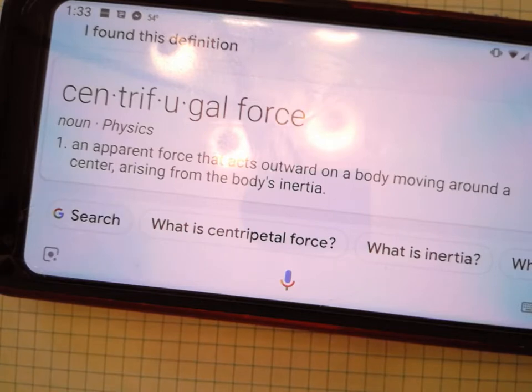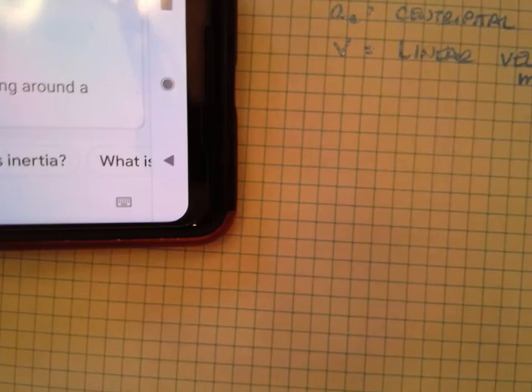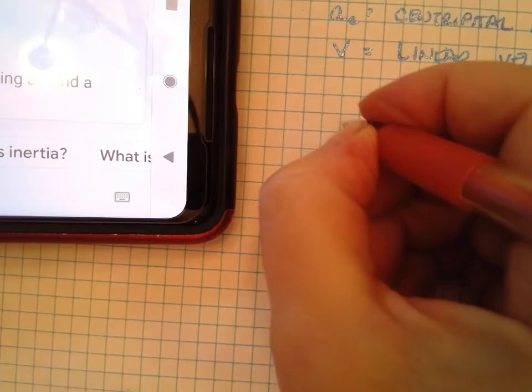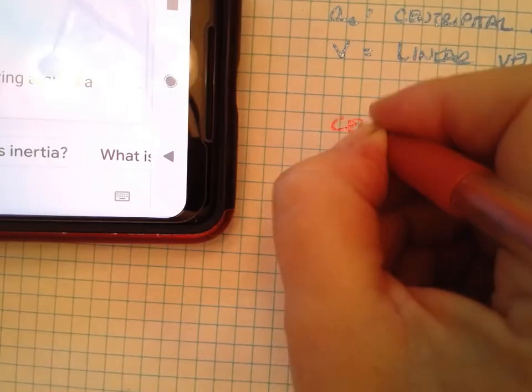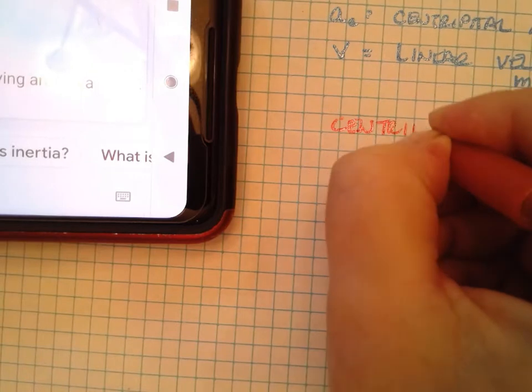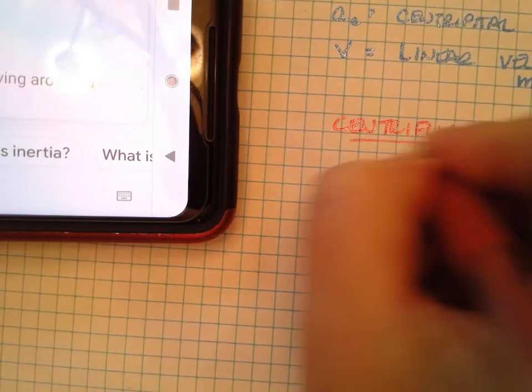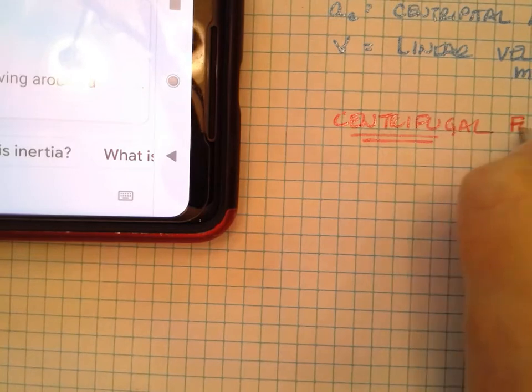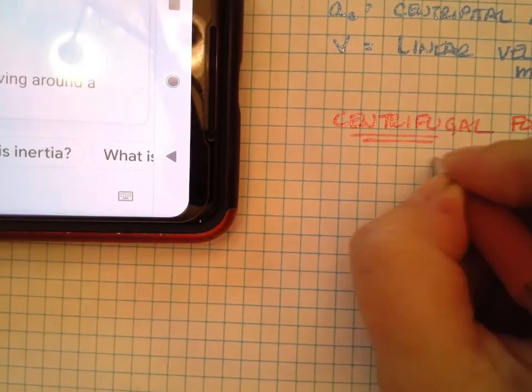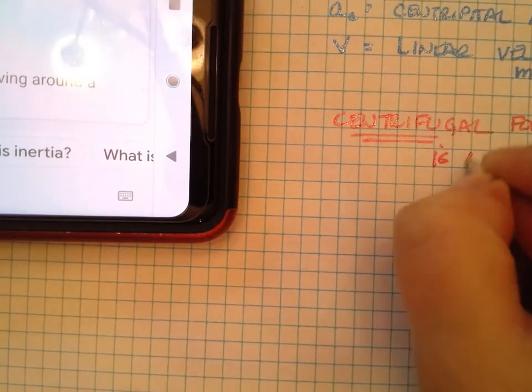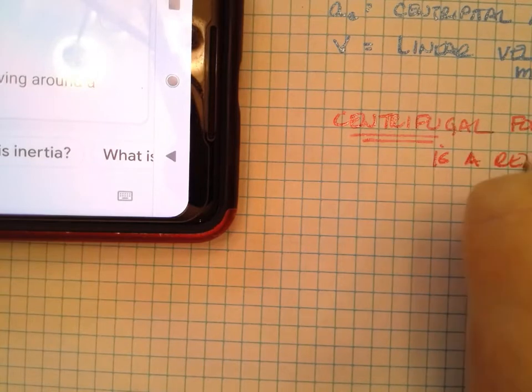It's what you feel when inertia is pressing you against the moving car door. So centrifugal force is not a real force. It's only apparent.